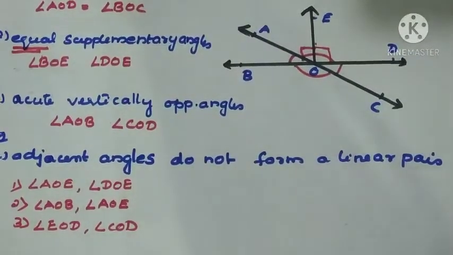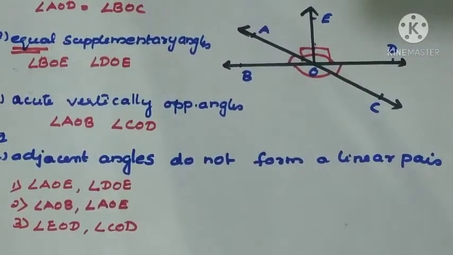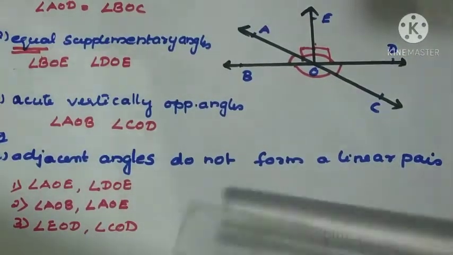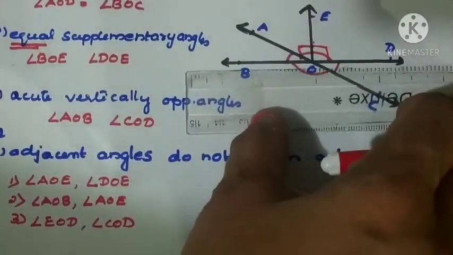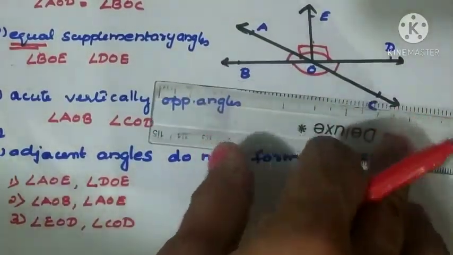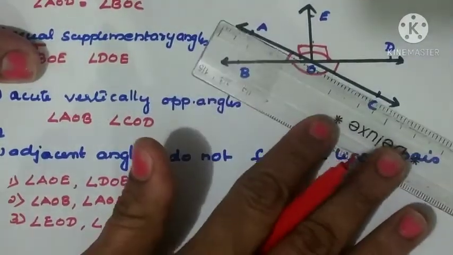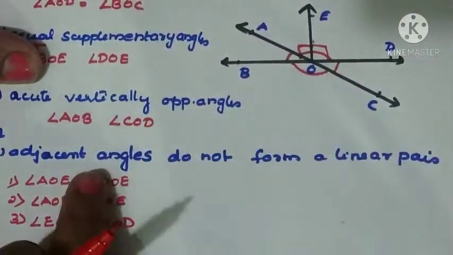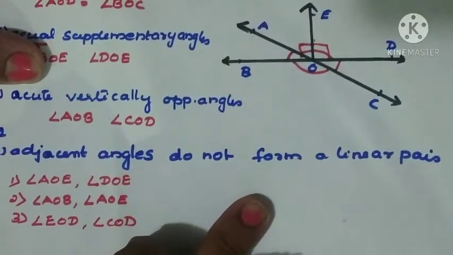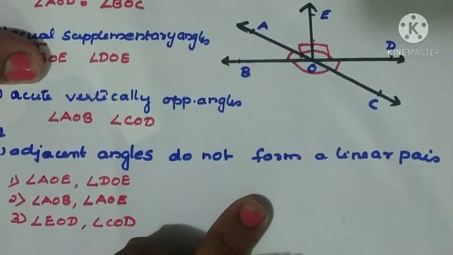Now one more question is asked: adjacent angles that do not form a linear pair. Linear pair means we should be able to keep a scale on it to get a line. See, ABD is a straight line, with non-common arms forming a line. Similarly, AC is also forming 180 degrees. So adjacent angles that do not form a linear pair means the non-common arms are not forming opposite rays.